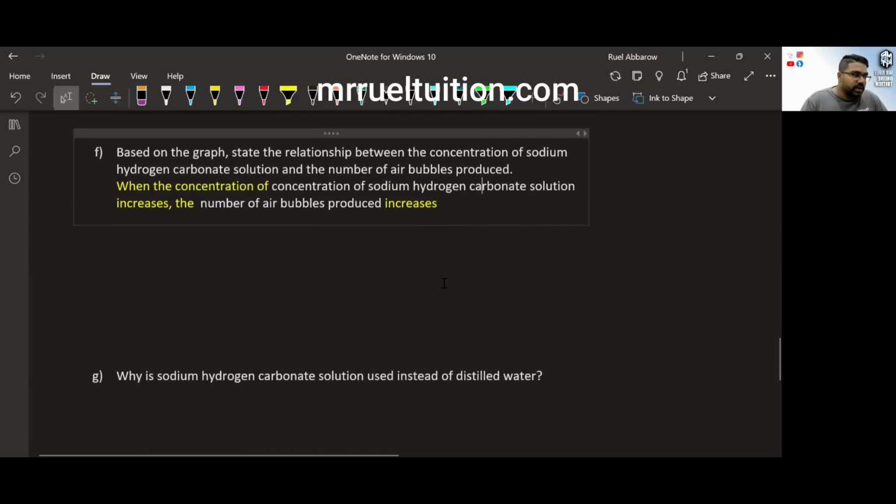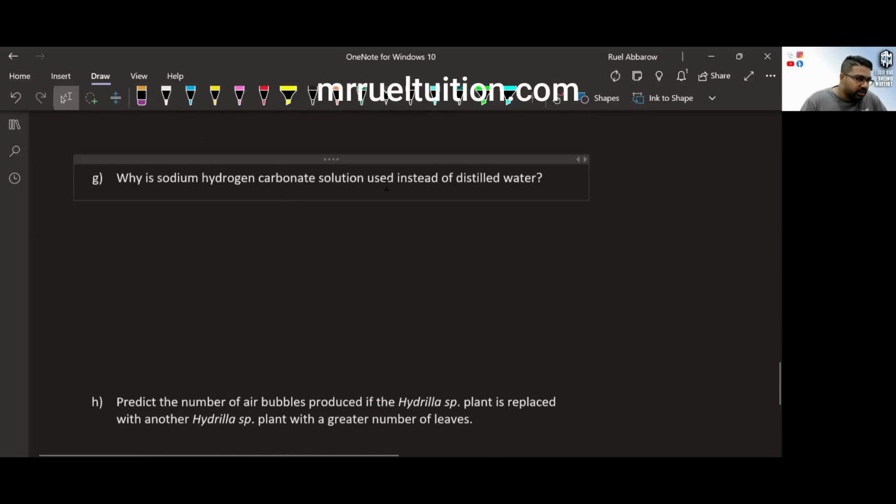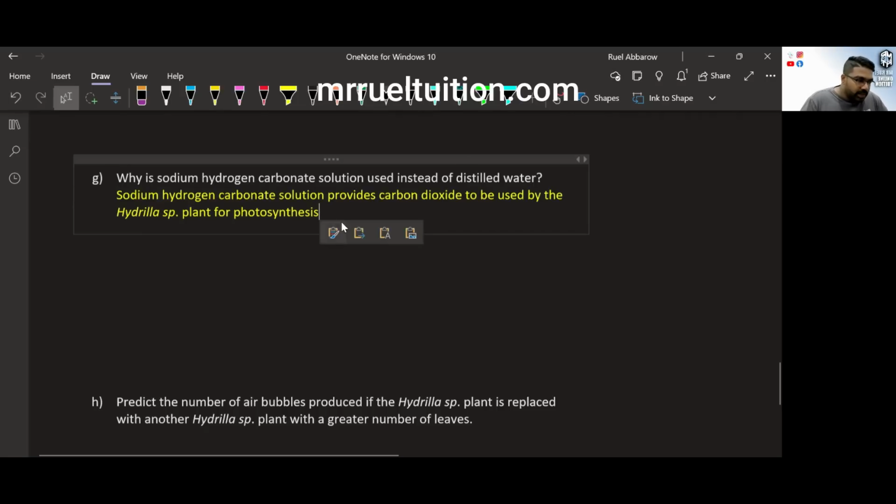Now, I've included one possible question. This is in fact one of the discussion questions in your textbook. Why is sodium hydrogen carbonate solution used instead of distilled water? Why don't we just put the hydrilla plant in distilled water? That's because the sodium hydrogen carbonate solution is the one that will provide the carbon dioxide to be used by the hydrilla for photosynthesis.